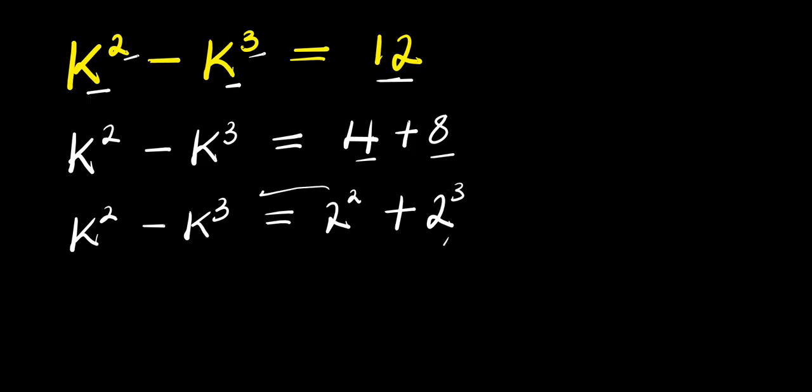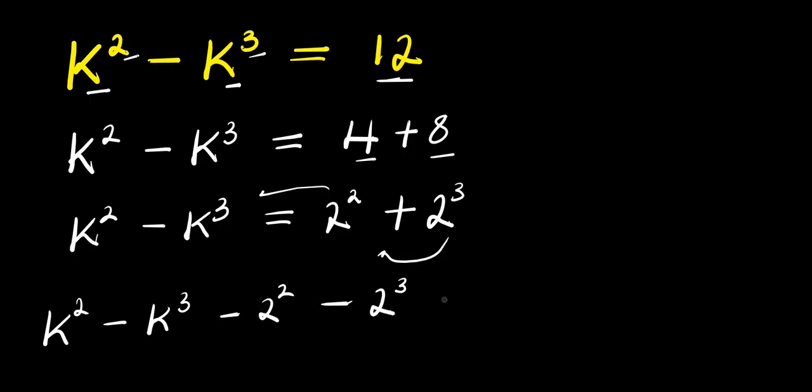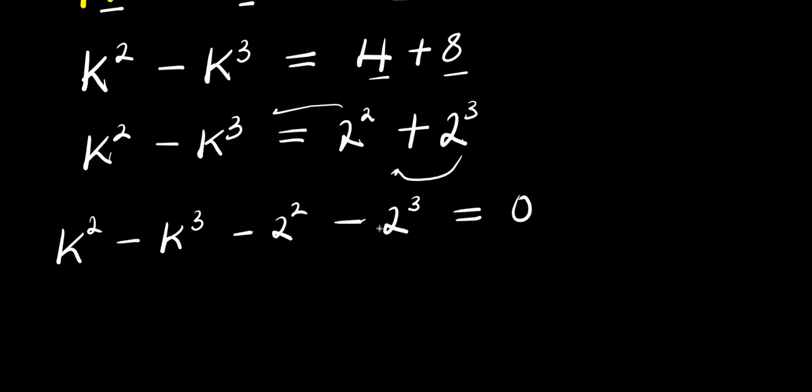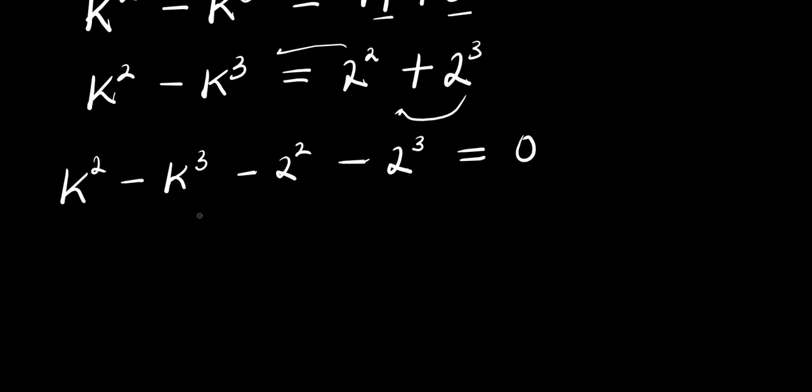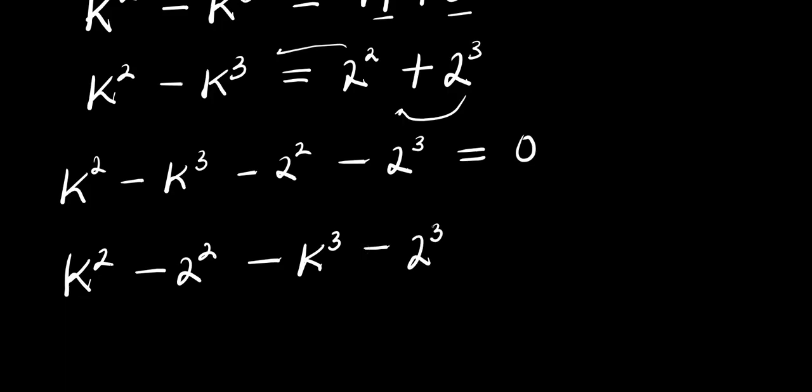Let's move this over here. So we have k^2 minus k^3 minus 2^2 minus 2^3 equals 0. So from here, I have k^2 minus 2^2 minus (k^3 minus 2^3) equals 0.